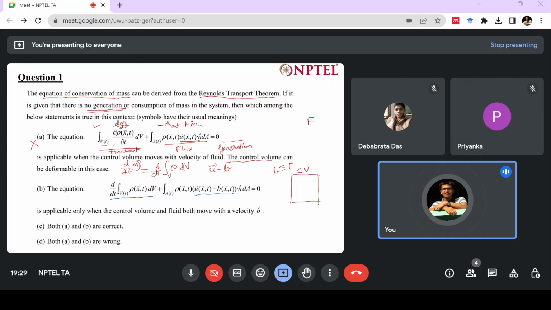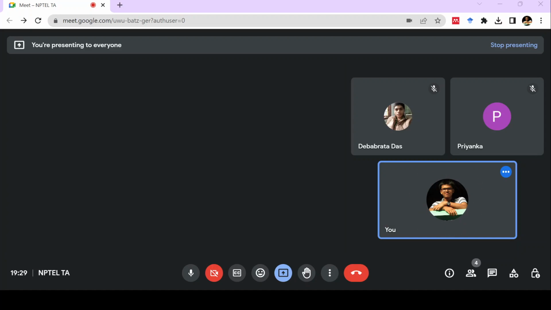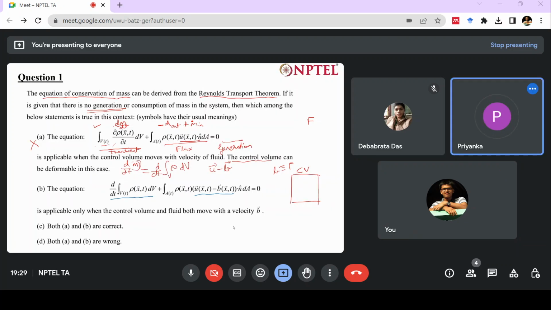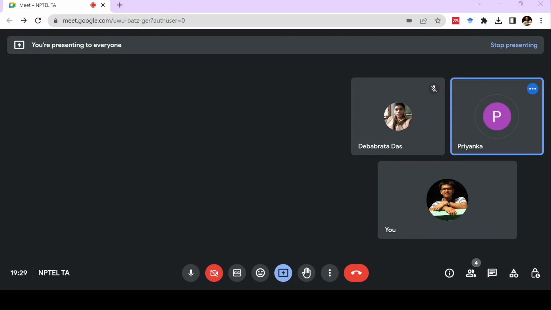So what is the statement? It is applicable only when the control volume and fluid both move with a velocity v. Is this true? No, sir. This is not true.